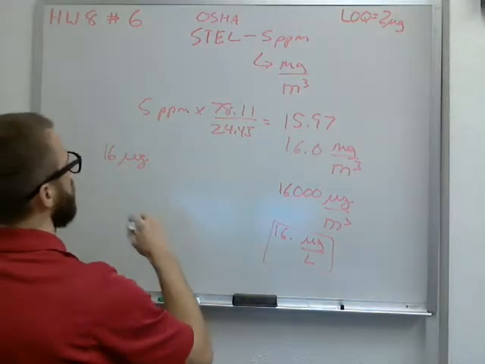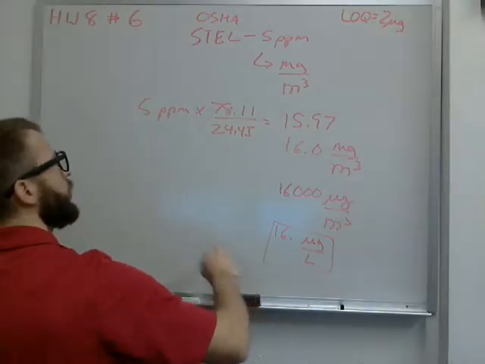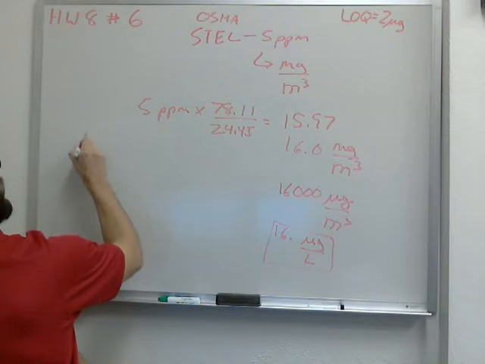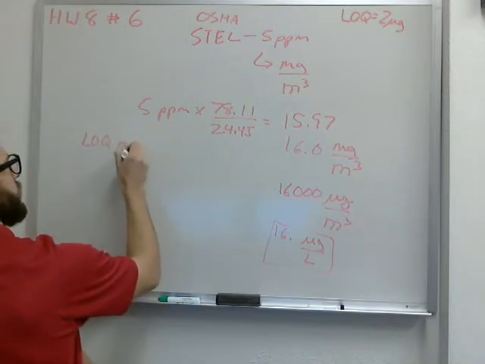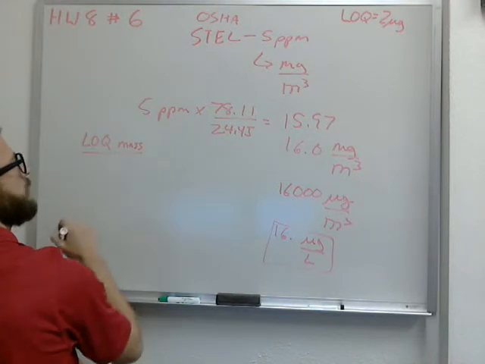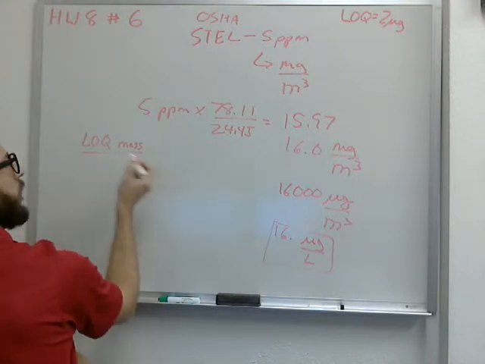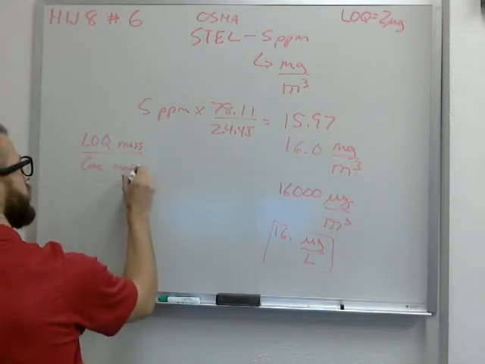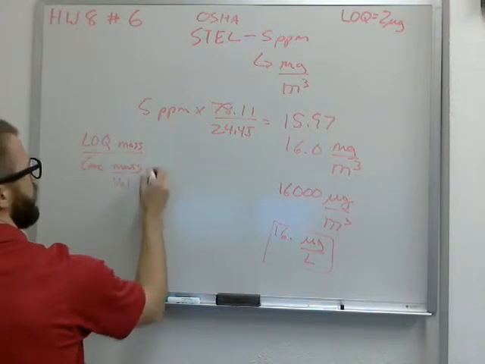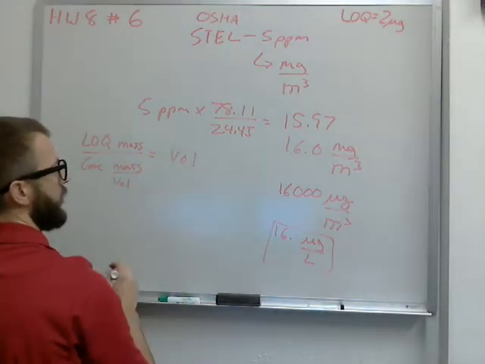So now we have 16 micrograms, oops, sorry. We want to structure this. We put our limit of quantification, which is just a mass, divided by our concentration, which is a mass per volume. So this will give us volume.